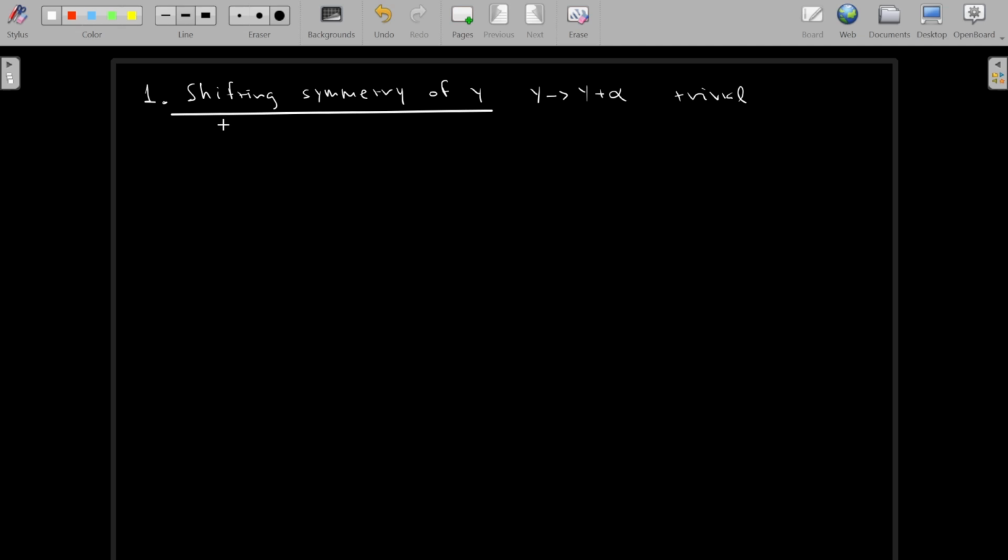It involves having, let's say, a function where y prime is present, y double prime is present, x is present, but y itself is not there.